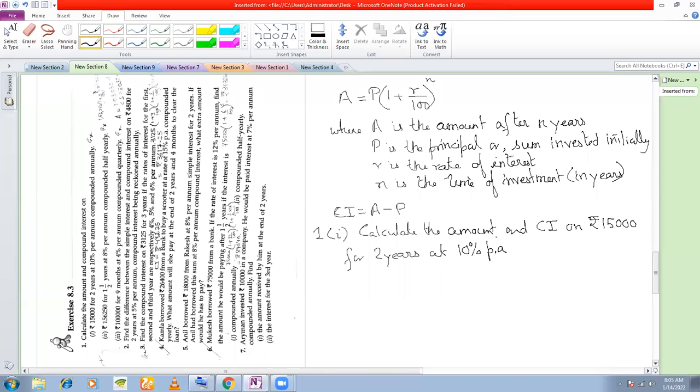Now this is a phrase that you must be very mindful of. Compounded annually. This is a phrase that you must take notice of in all compound interest problems.